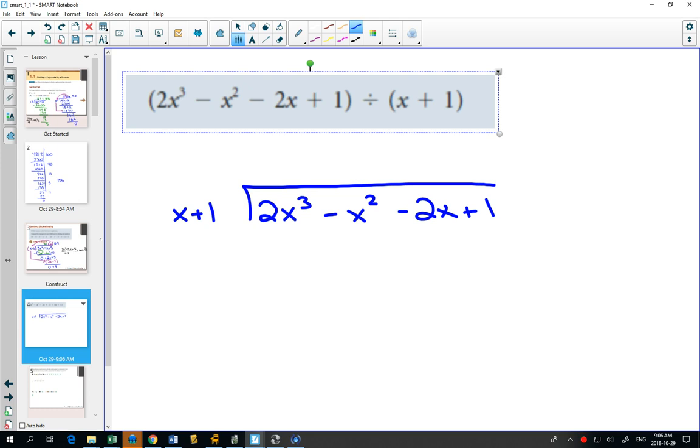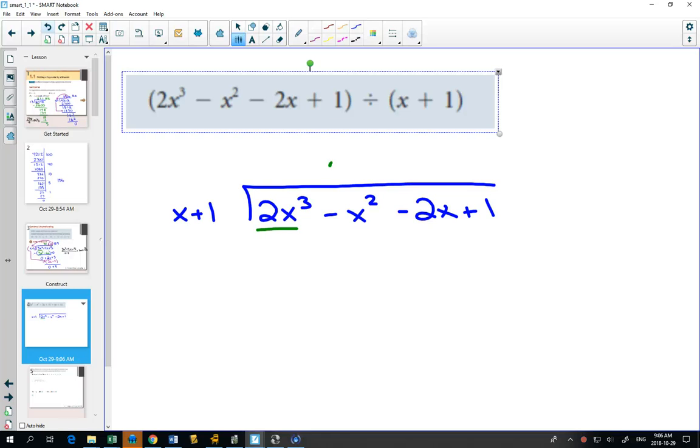we look at our first number. I'll color code it again. We did green first last time. Is there something I could multiply x plus 1 by to get a 2x cubed? So again, I'm looking at this x plus 1 right here. 2x squared.